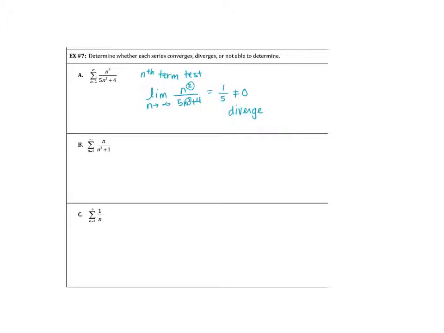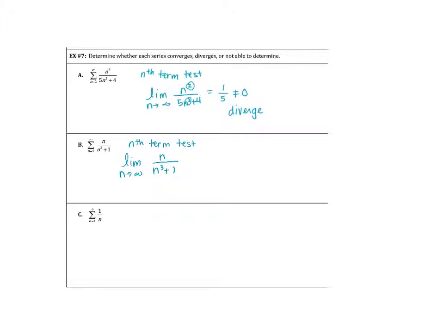All right, so let's go to part B. Now for part B, we're going to do the same thing. We're going to look at an nth term test. And with that nth term test, we're going to say the limit as n approaches infinity of n over n cubed plus 1.